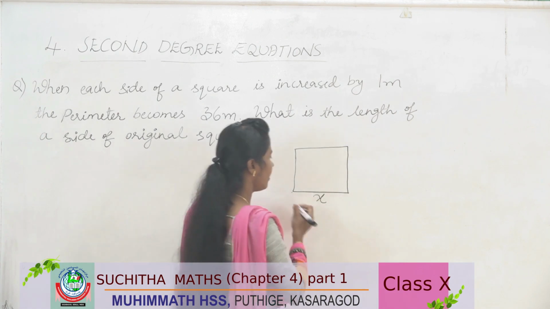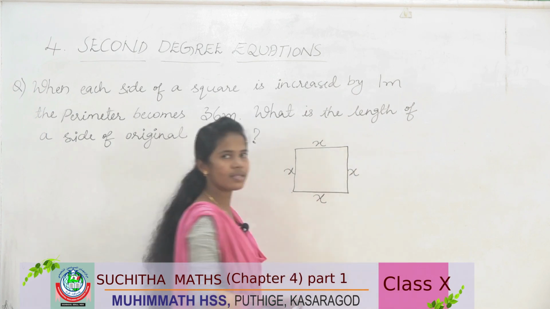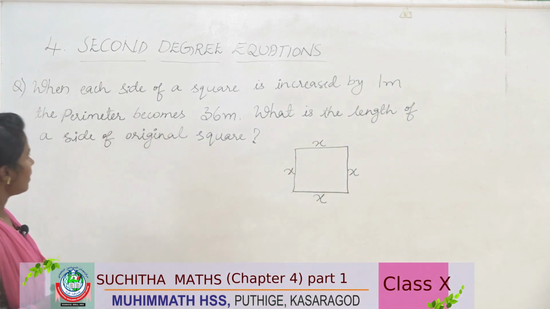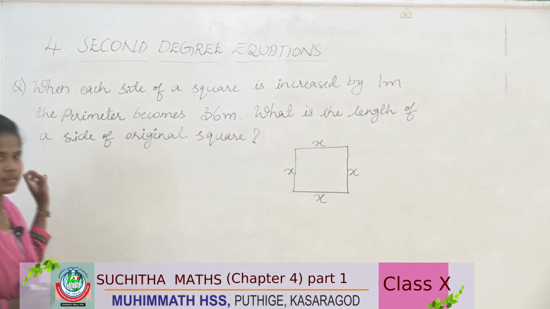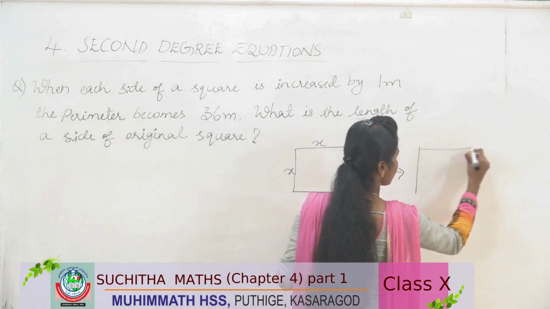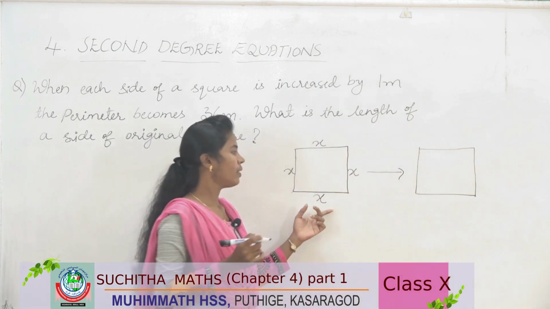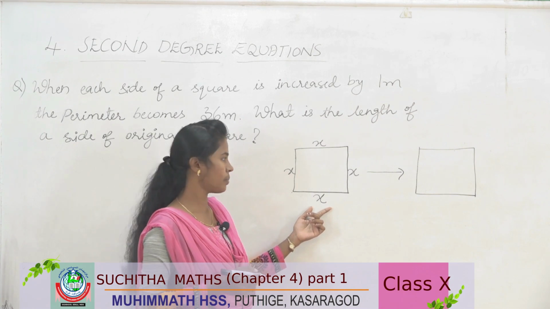Take its side as x. In a square, all sides are equal. And in the question given, each side of a square is increased by 1 meter. The length of the side of the original square is x meter.